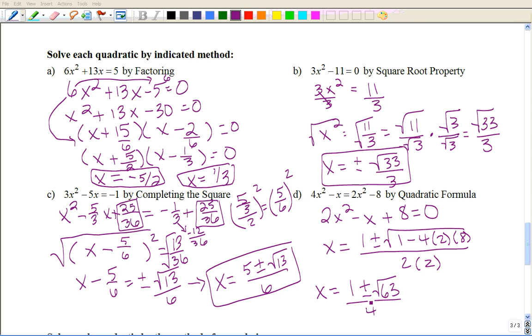And I can take out a 3 twice from this square root of 63, so I'll get 1 plus or minus 3 square roots of 7 all over 4. And that's my answer.